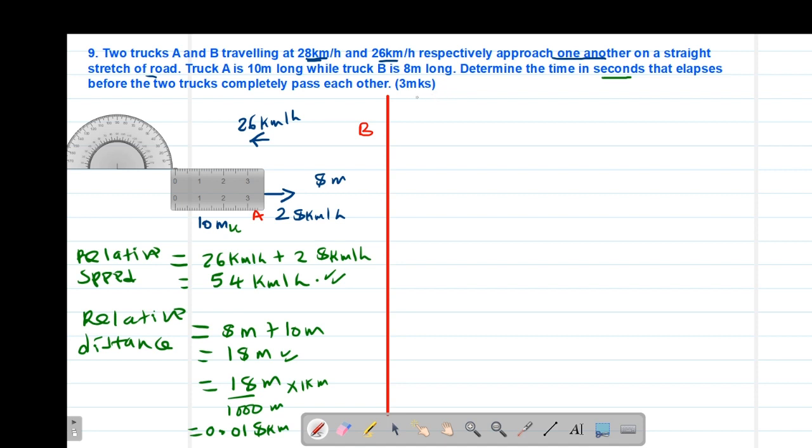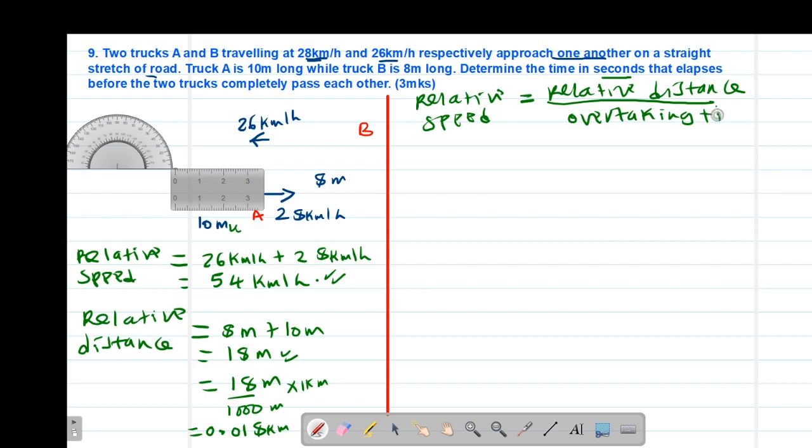Relative speed is given by the relative distance divided by the overtaking time. So 54 kilometers per hour equals 0.018 kilometers divided by the overtaking time, which I'm calling t.